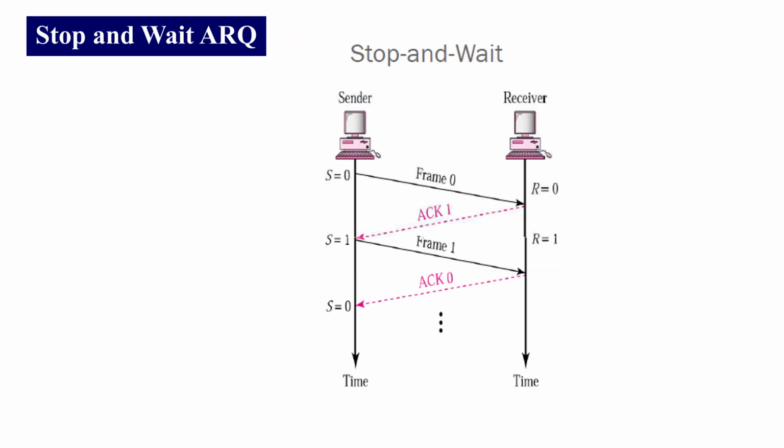Stop and wait ARQ is an extension of stop and wait flow control, designed to handle retransmission of data in case any frame is lost or damaged during transmission. To make retransmission possible, four key features are added.